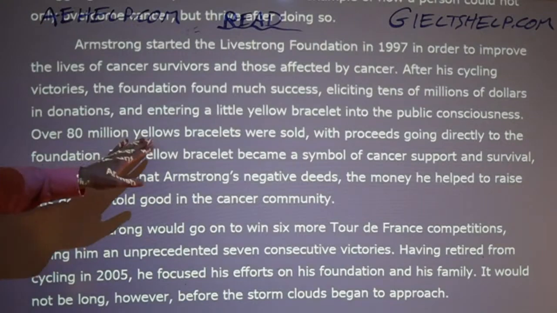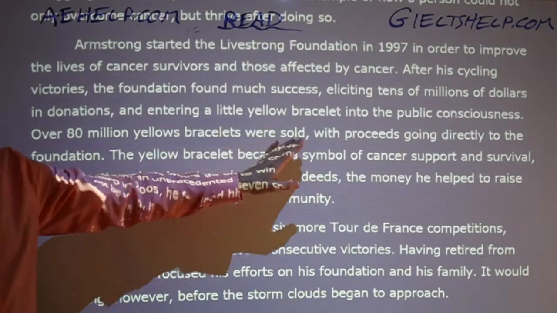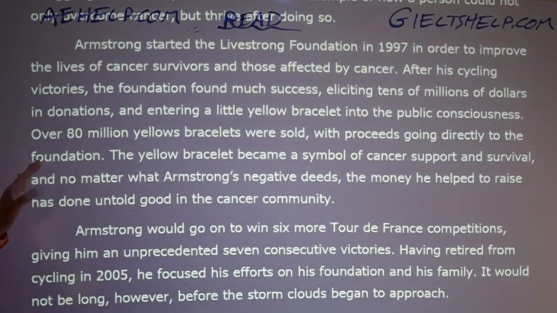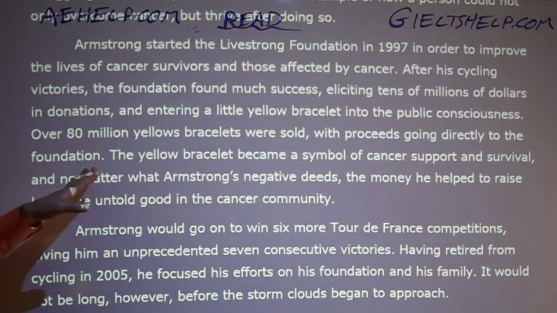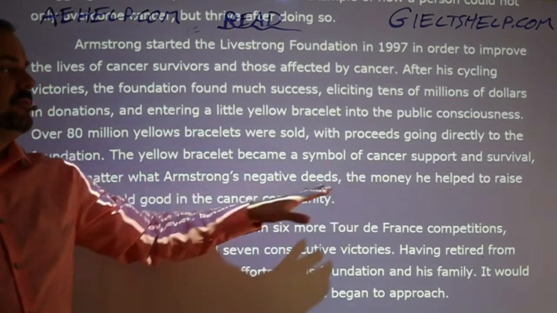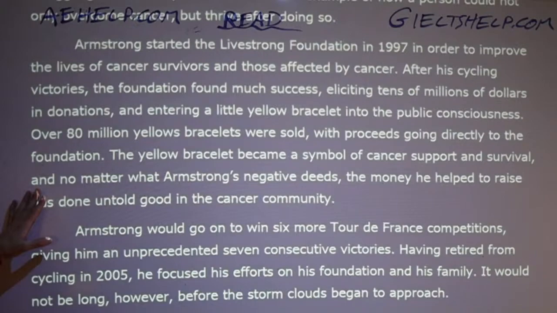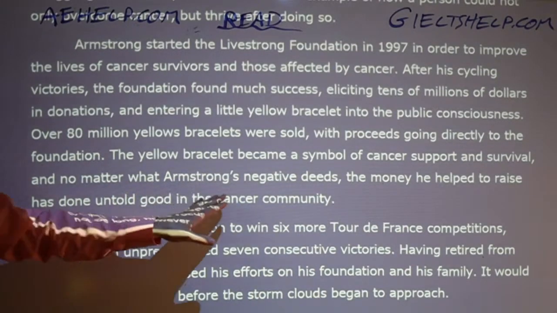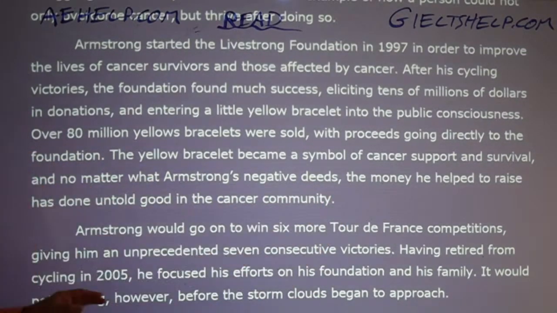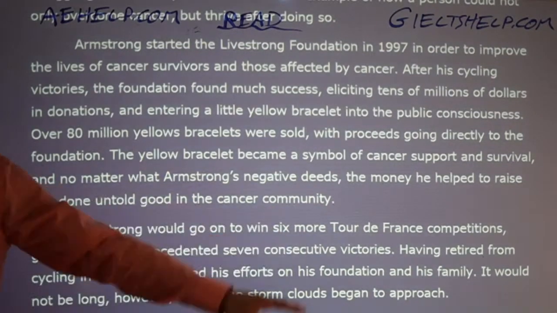Over 80 million yellow bracelets were sold, with proceeds going directly to the foundation. The yellow bracelet became a symbol of cancer support and survival, and no matter what Armstrong's negative deeds, the money he helped to raise has done untold good in the cancer community.